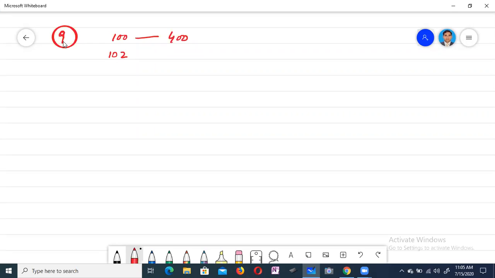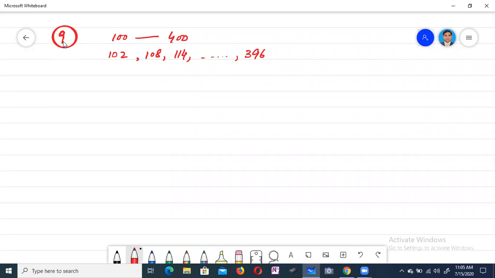The first multiple of 6 between 100 and 400 is 102, then 108, then 114, and so on. 66 sixes are 396. This is the last multiple of 6 between 100 and 400.